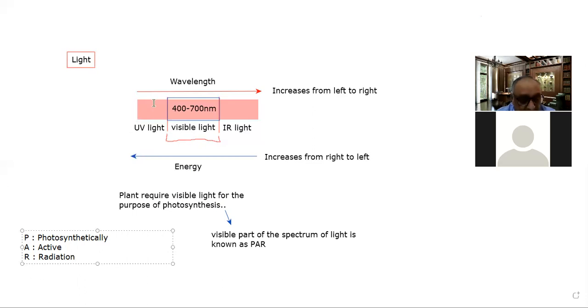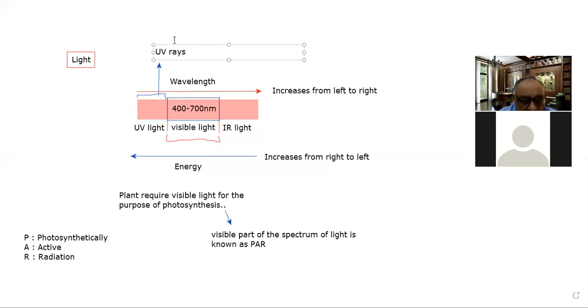And then X-rays. Let us talk about this part now. This part of the electromagnetic spectrum is further divided into various parts. One part is known as the UV rays, ultraviolet rays.